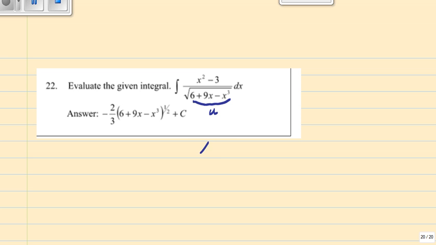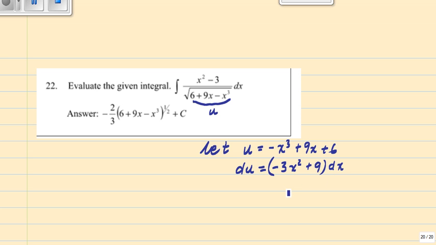So I say let u equal to minus x cubed plus 9x and then plus 6. So the differential of u is going to be equal to minus 3x squared plus 9 dx.